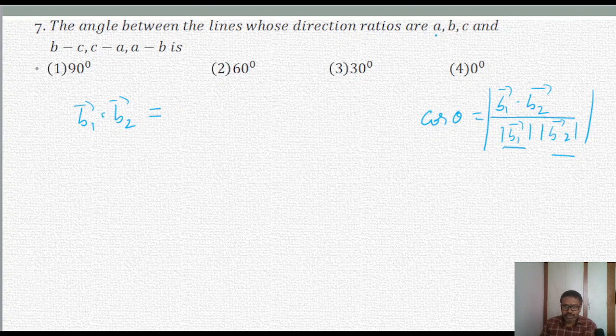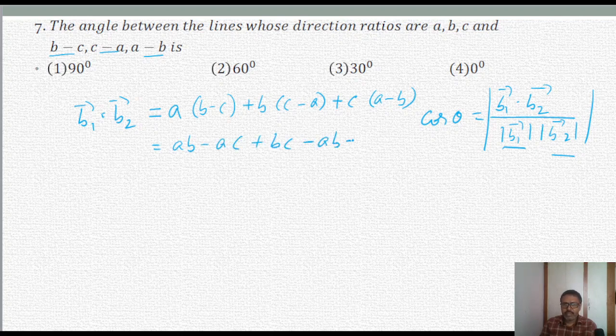Let's see what we are going to get. Here the direction ratios are given, a1 b1 c1, and here a2, b2, c2. So a times b minus c, plus b times c minus a, plus c times a minus b. Just calculate this. We will get ab minus ac plus bc minus ab plus ac minus bc.